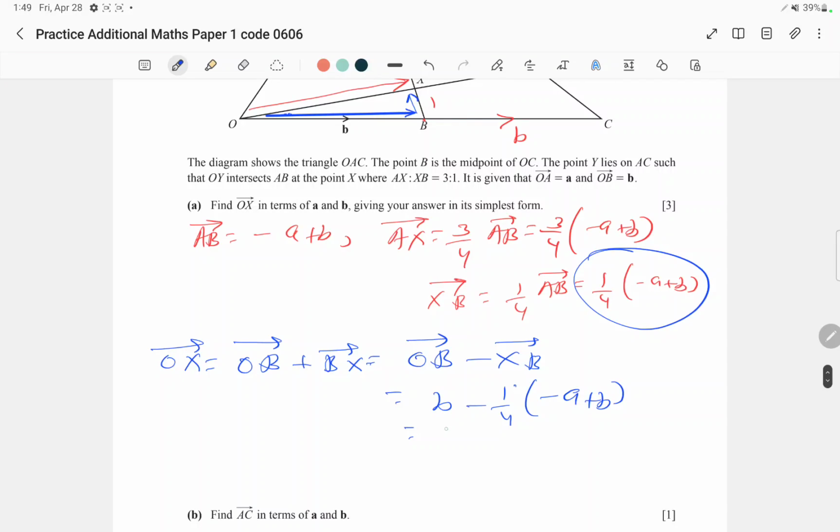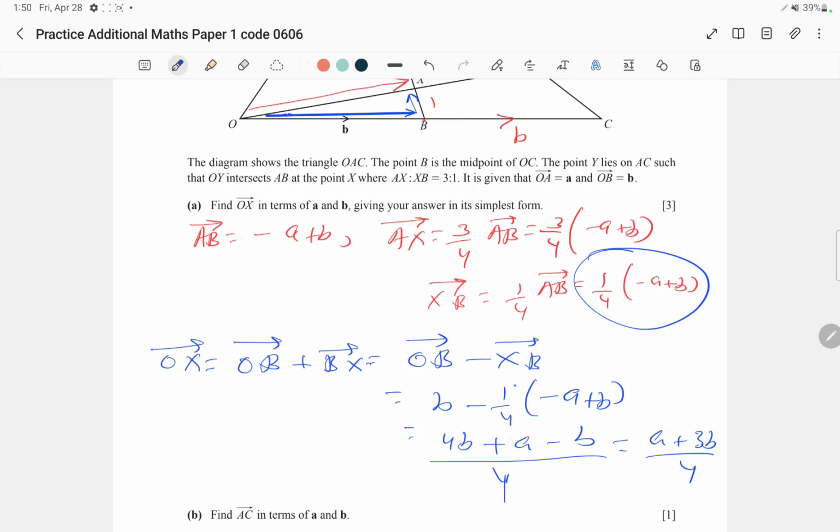Now this B you can write 4B over 4. So this is 4B over 4 minus the 1/4 term. Now 4 is same for both denominators, so we can easily add up numerator. So 4B minus 1 times minus A, which is plus A, and minus 1 times B, which is minus B. So finally I will get A plus 3B over 4, right?